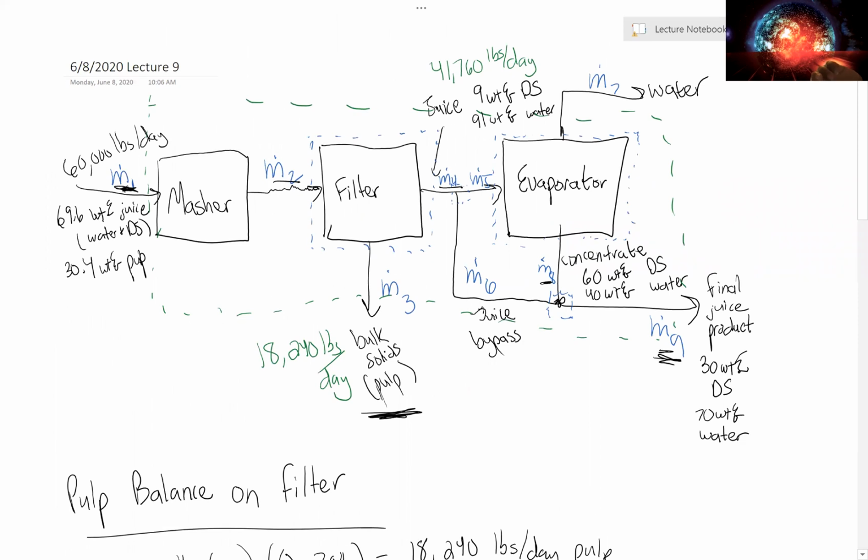So now, with that in mind, I know the amount of final juice product I have. And if I know my input M1, as well as the outputs M3 and M9, I can then find the amount of water leaving in M7 due to an overall balance.